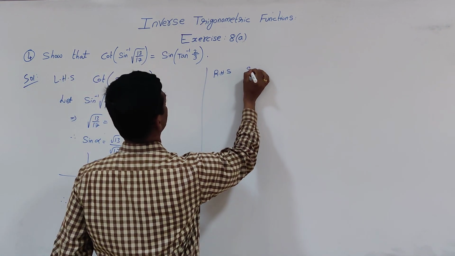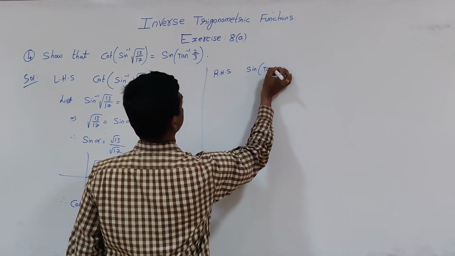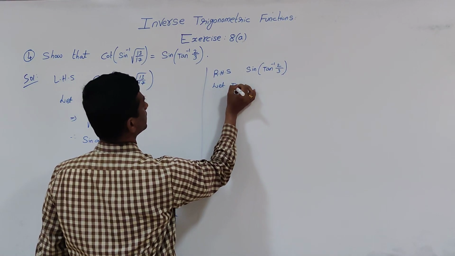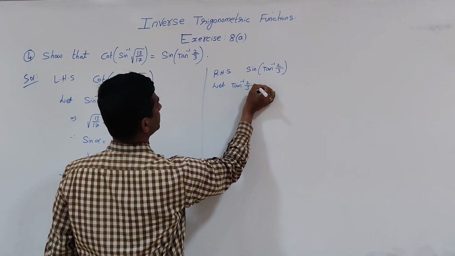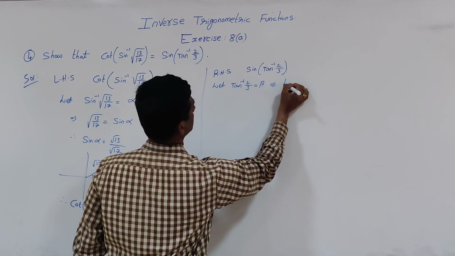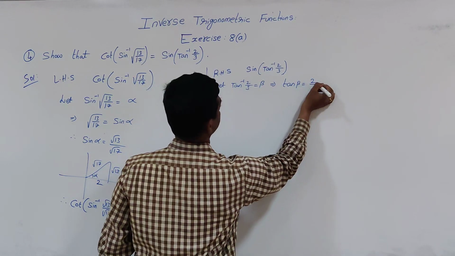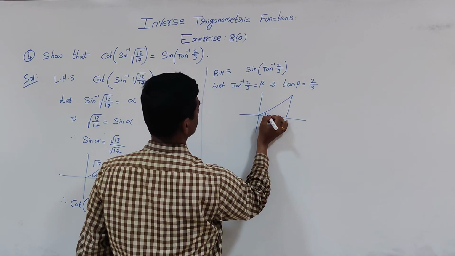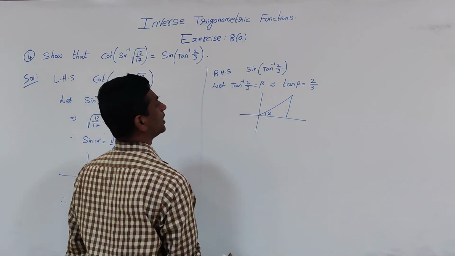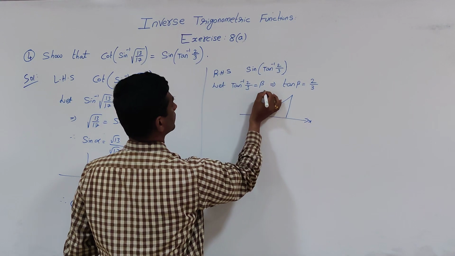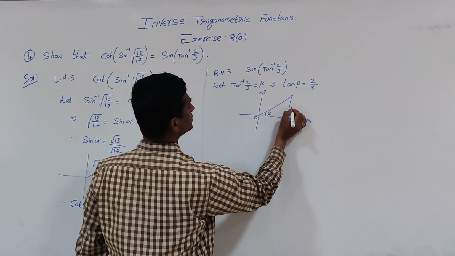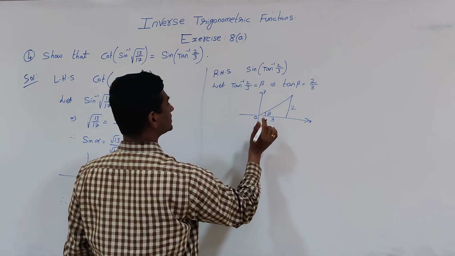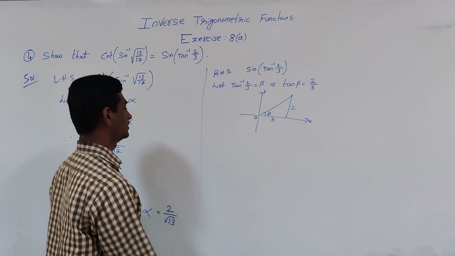So sine of tan inverse of 2 by 3. So let tan inverse of 2 by 3 be beta, implies tan beta is 2 by 3. Now go for one right angle triangle for beta. So tan beta, opposite is 2, adjacent is 3 and the hypotenuse will be what? 4 plus 9, 13.